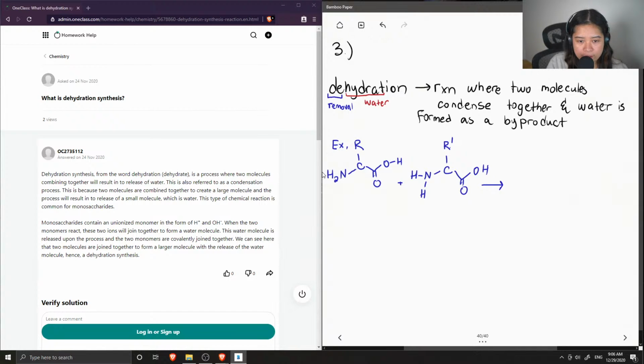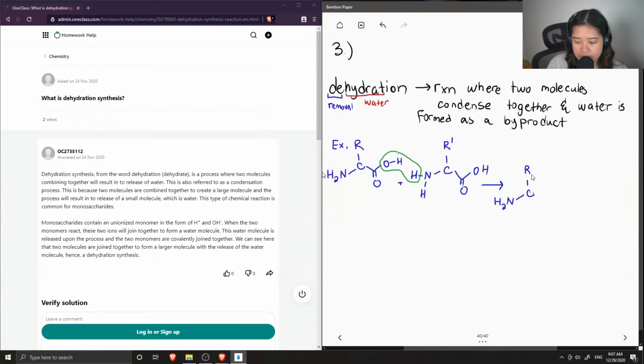So when these two molecules come together, then water is formed as a byproduct. So let's show here the formation of water and the two molecules condensing together.